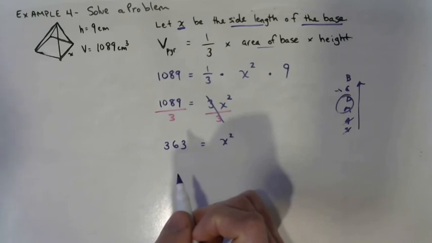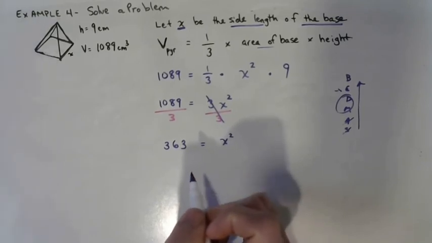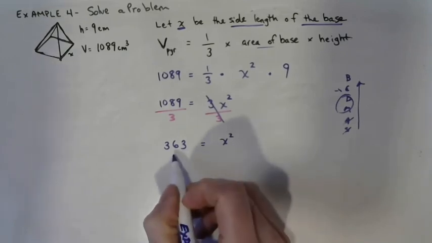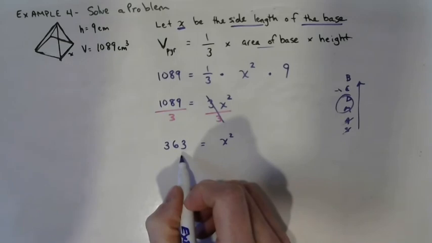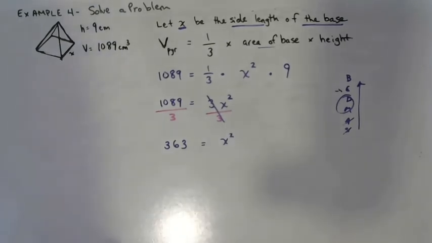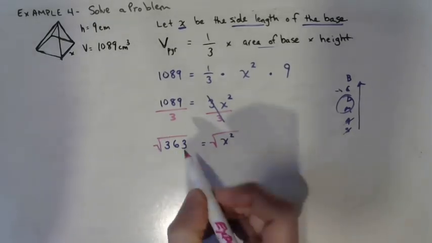Now, I'm not going to use my calculator because the problem asks me for the exact side length. If I just take the square root of 363, I'm actually going to get a decimal, and I don't want that. So I'm going to apply what I know about radicals. I'm going to take the square root of both sides.